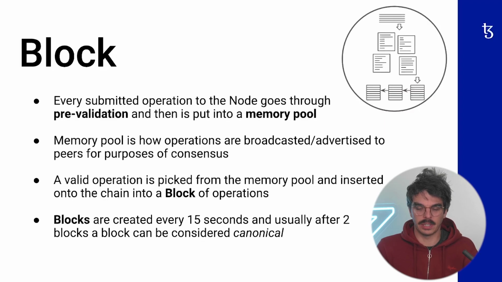And then one other thing that we should discuss is the concept of a block and memory pools. If you remember this diagram here in the top right, that was part of our architectural diagram, this is the icon that we've used to represent an RPC node.